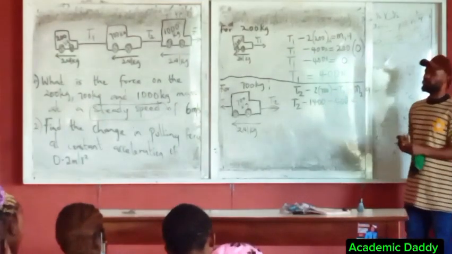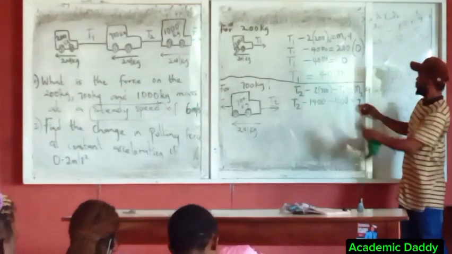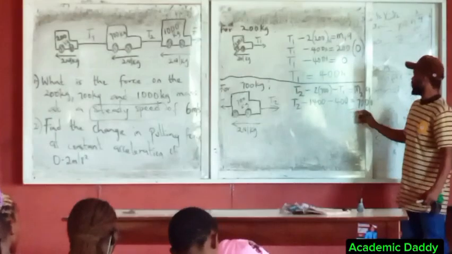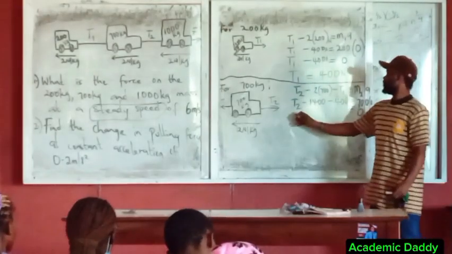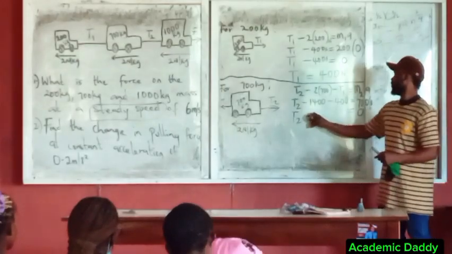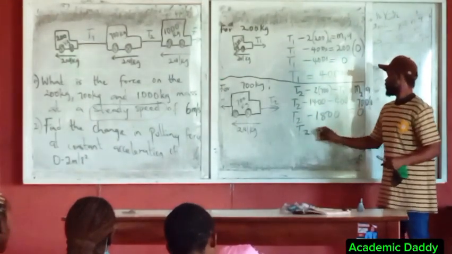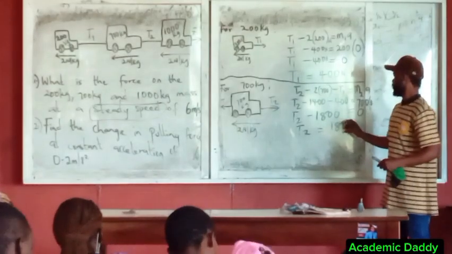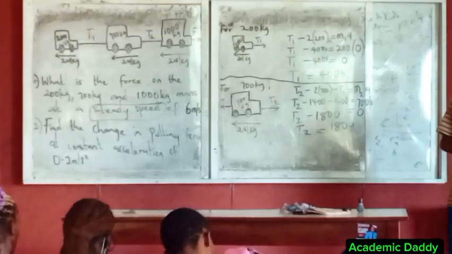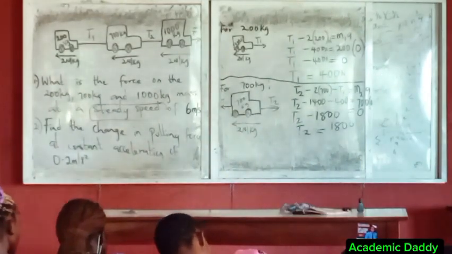So once we are using an example, you see it becomes easy. Then M2 is what? 700. And our A is 0. So 700 times 0 is 0. So I have T2 minus 1400 minus 400 equals 0, so that T2 is equal to, crossing the equality sign, 1800 N. Very simple.